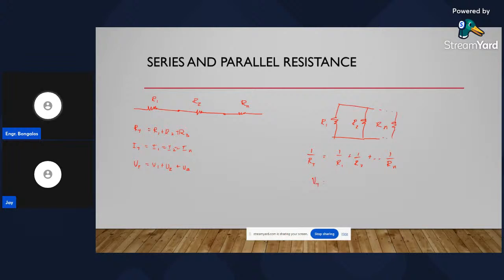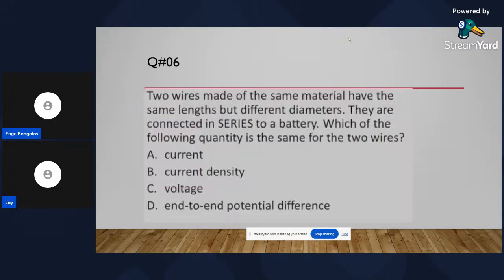So, V total natin is equal to V1, V2, and Vn. Then, yung current naman dito is magkakaiba. So, yung I total natin dito is equal to I1 plus I2 plus In. Kaya yung parallel connected natin is tinatawag na current divider. Okay. So, apply natin siya into sample problem.